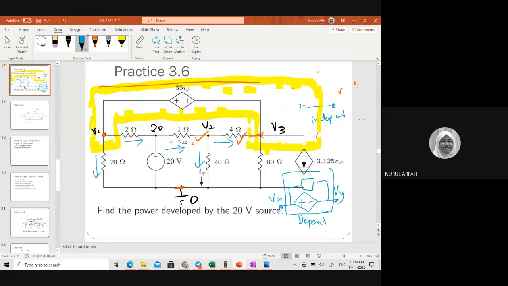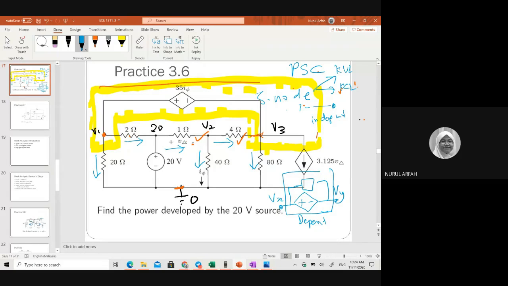In my class, I always do horizontal to the right and vertical down. You can stick with whatever you like, but you need to follow passive sign convention. And then look at the boundary here at the supernode. When you have a supernode, you have two equations, KVL and KCL.